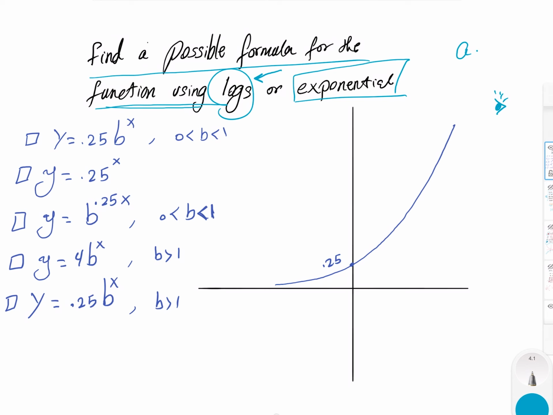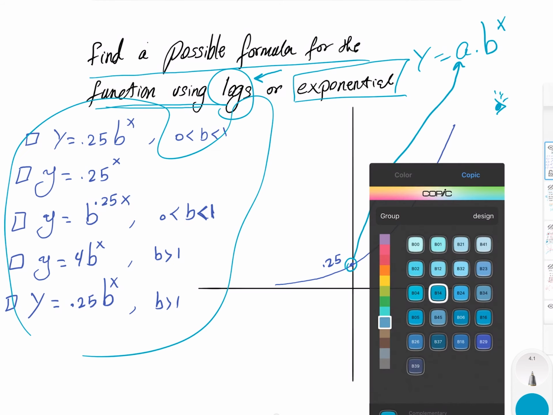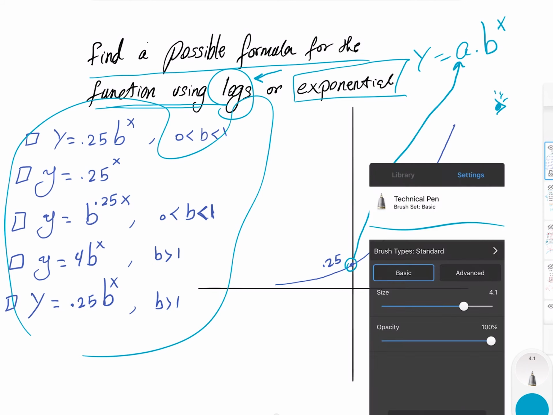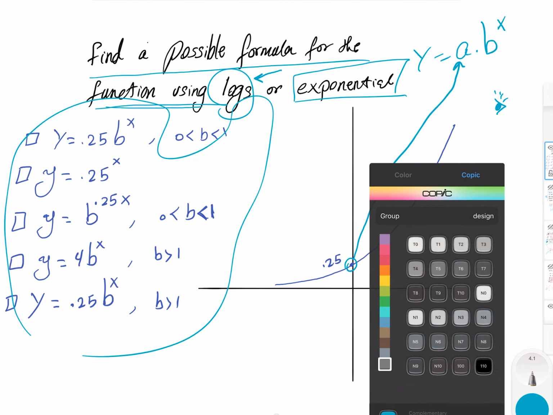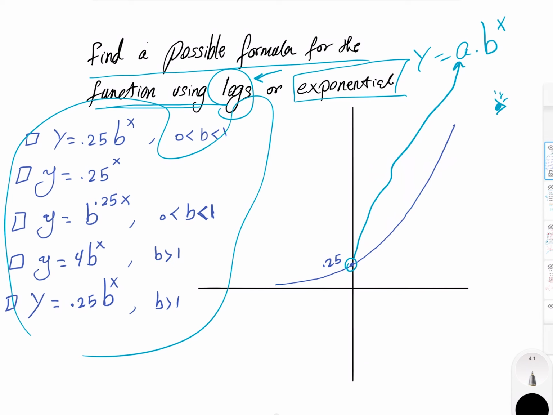This is a multiplied by b to the power of x, and because it's growing, this 0.25 is a. So without looking at those choices, a is 0.25. We have no idea about b.